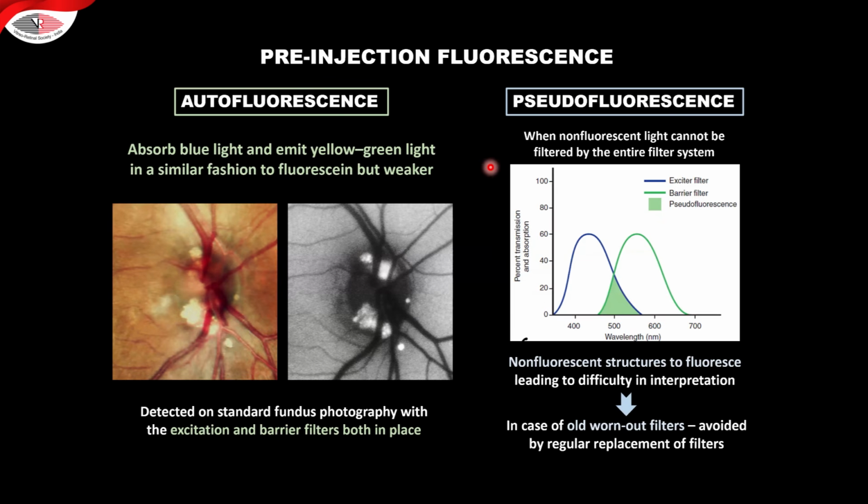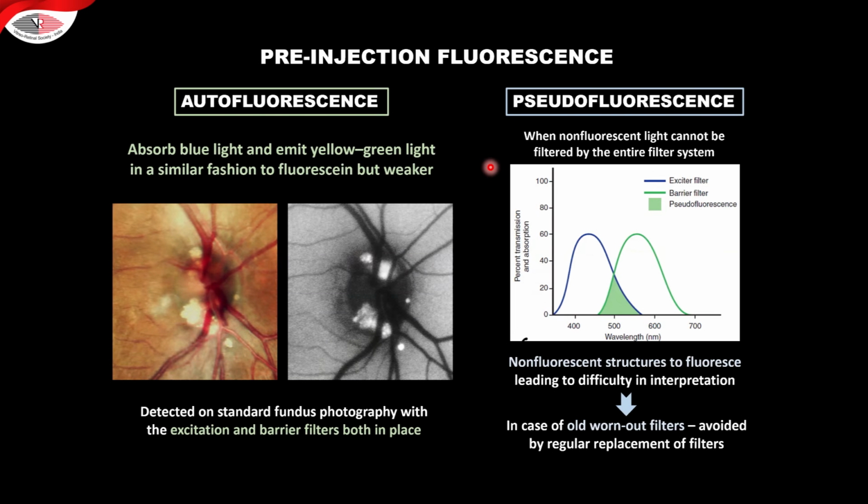So before we go ahead, we also should know these terms which we talked about earlier while looking at the filters and starting the angiography: autofluorescence and pseudofluorescence. What is autofluorescence? Autofluorescence absorbs the blue light and emits yellow-green light in a similar fashion to fluorescein, but weaker. So it is detected on standard fundus photography, white light-based cameras with the excitation and barrier filters both in place.